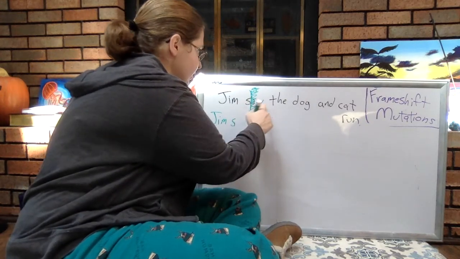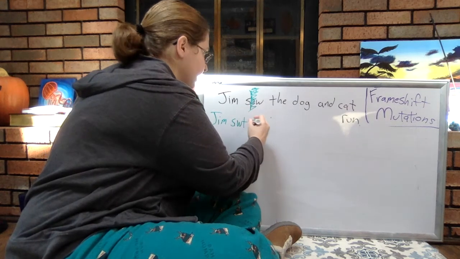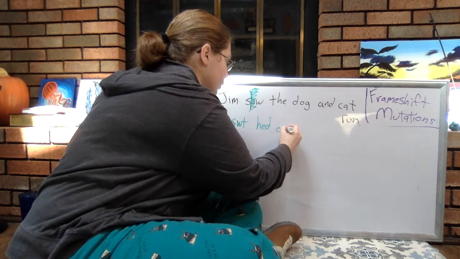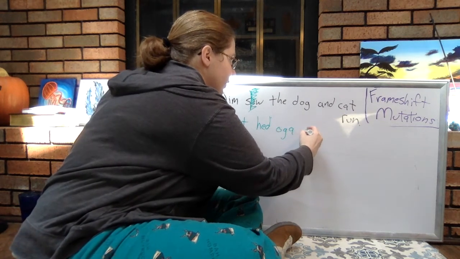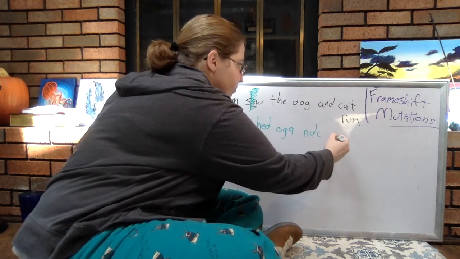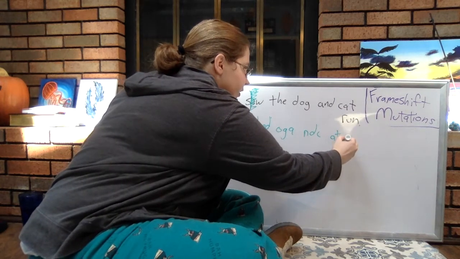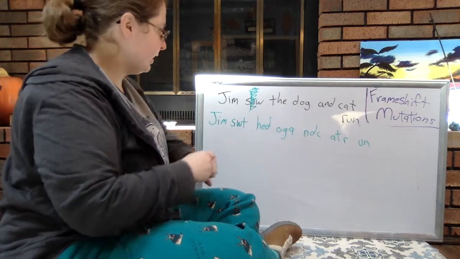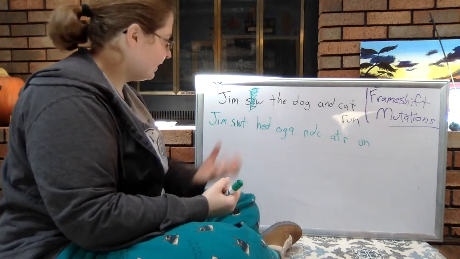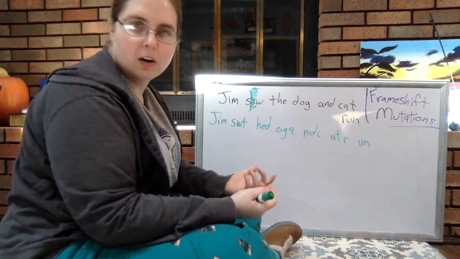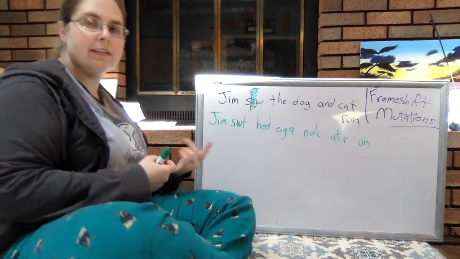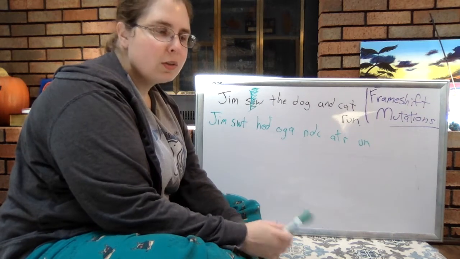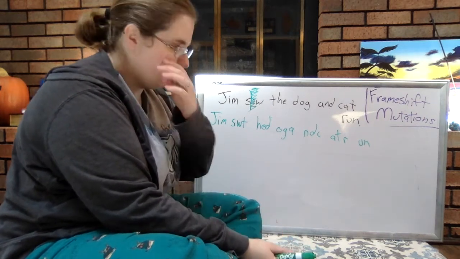So SWT HEDOGANDCATRUN. Once again, by taking out one of the letters, it shifted all of the letters forward this time, and now we don't have a sentence that makes sense. So that's what we mean by frameshift mutations.